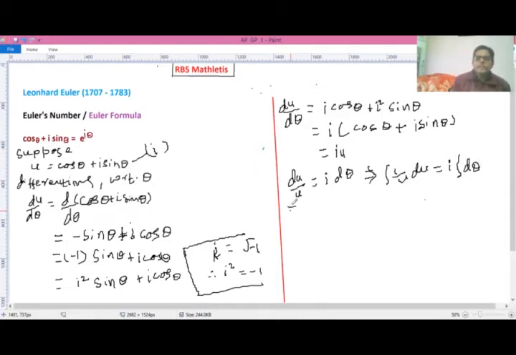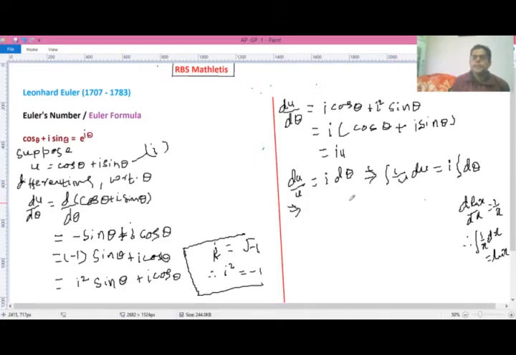After that, you know that the derivative of ln x is 1 by x. Therefore the antiderivative, that is the integration of 1 by x, is in fact ln x. You can see this is in the form of 1 by x, where in place of x there is u.